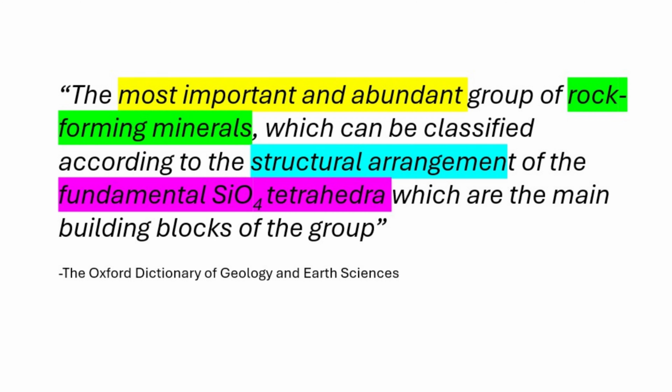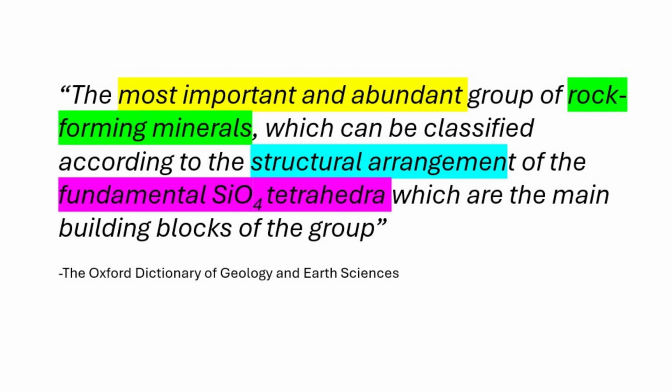Now, this may sound a little complex and technical to some, so let's break it down a little. We see the words most important and abundant. All right, this is pretty straightforward. So we can say that they are significant and plentiful. In Jamaica, we would say a whole heap of them, or them enough. All right, cool.